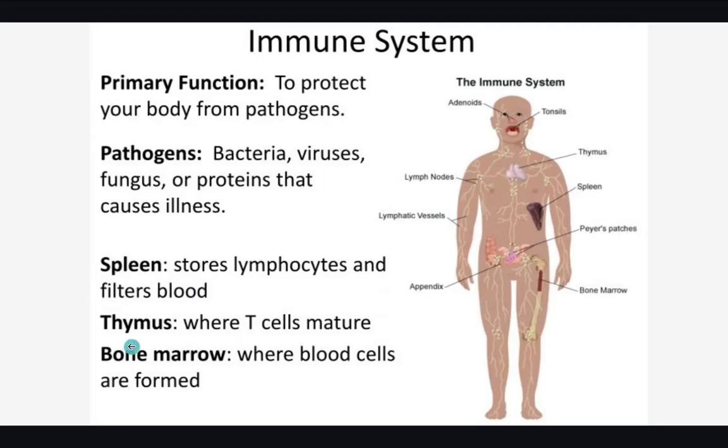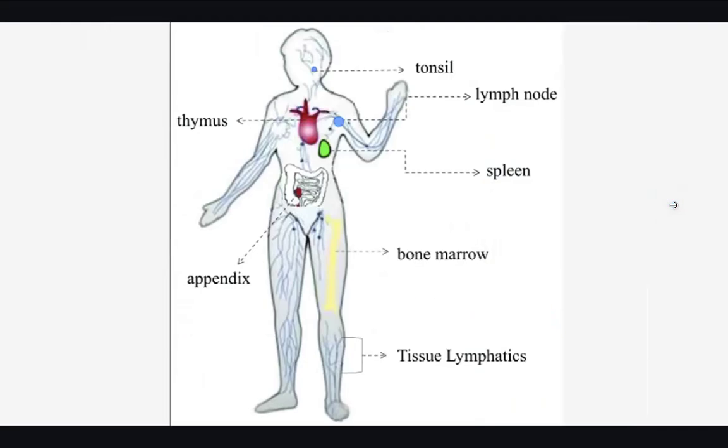Okay, and then you have, of course, the bone marrow, where you have the formation of the blood cells, specifically the white blood cells. Okay? Apart from that, we also have in our mouth region, the largest would be the tonsil. This one would provide an immediate protection whenever you have infection in your mouth or orally. Then we have the lymph nodes, which comprise our lymphatic system, of course.